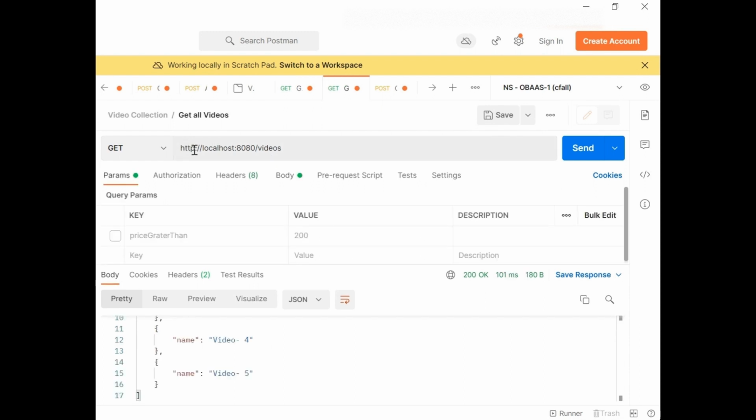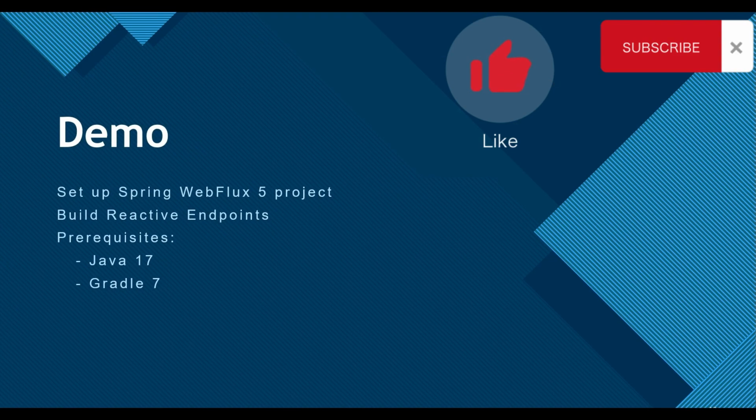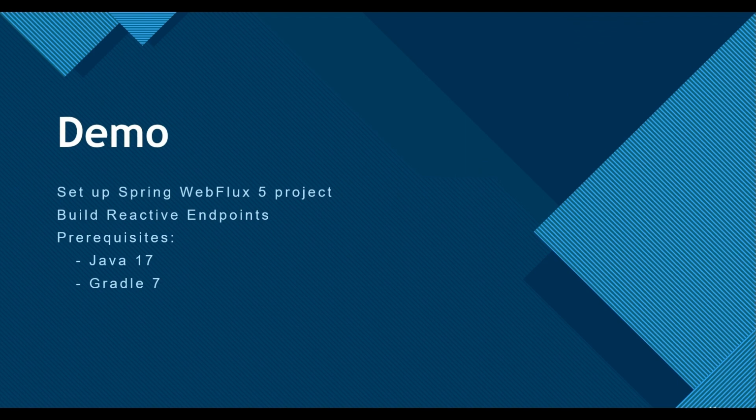And to get all the videos, I'm again calling the same endpoint without the path variable. If I send the request, all the videos, video 1, 2, 3 till 5, are returned. So we have successfully set up our Spring WebFlux 5 project, and we have built our reactive endpoints.